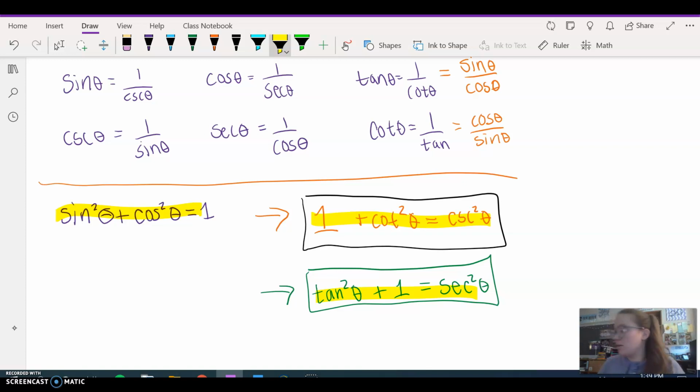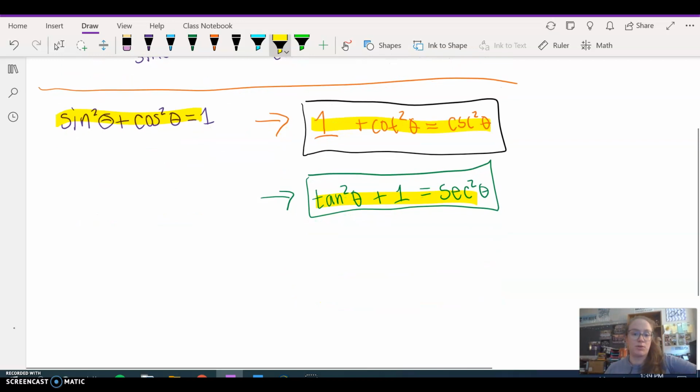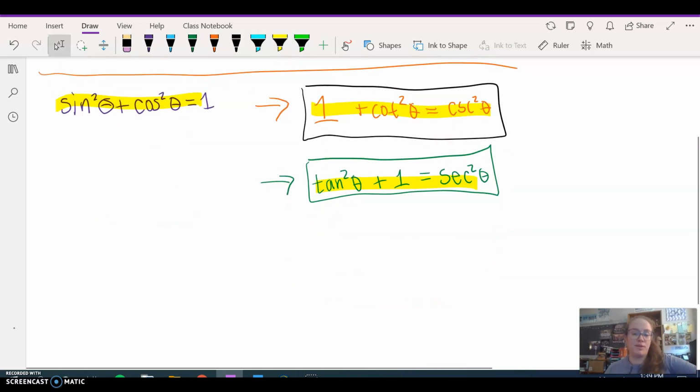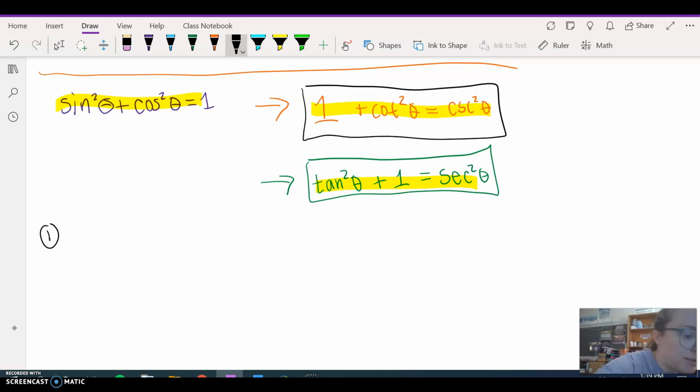Okay, so now we are going to jump into examples on how we're going to use the Pythagorean identities to solve things. So I'm going to scroll up because I don't need that top anymore because I'm going to use these identities right here. And we're going to do only 2 examples and then we'll be done with this video. So here is the first example.